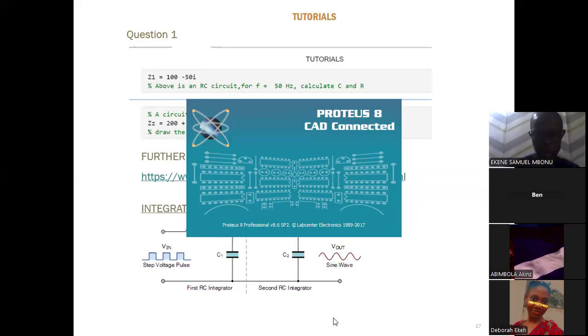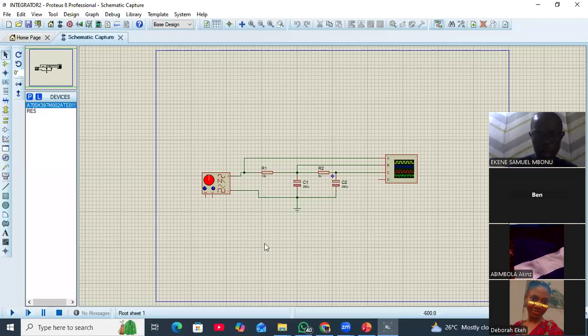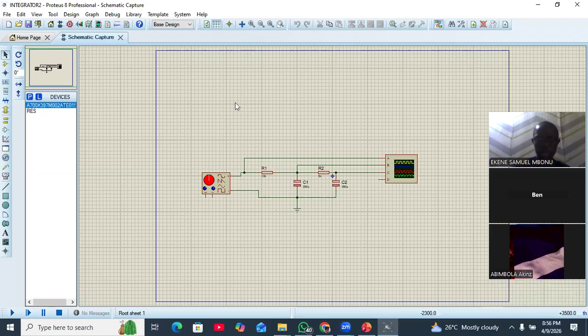Let me see. Okay. Can you still see my screen? Yes, sir. You can still see my screen. So let me increase it a little.